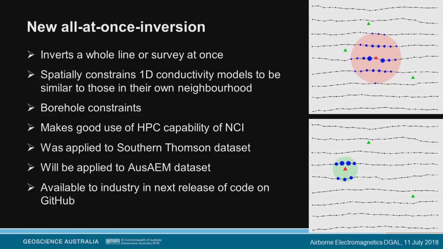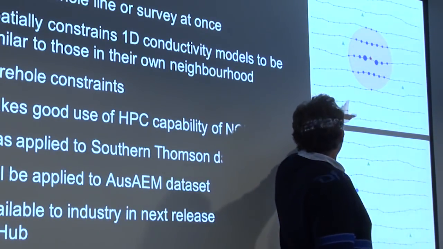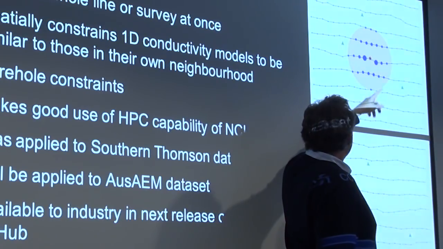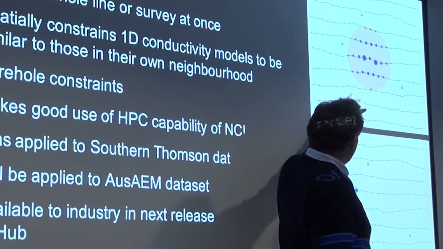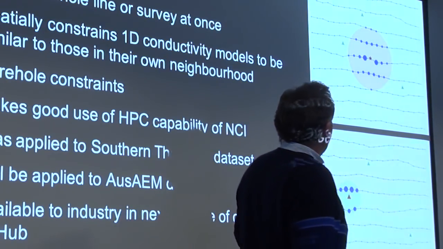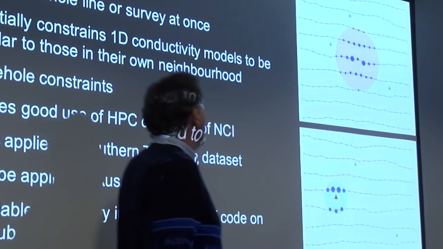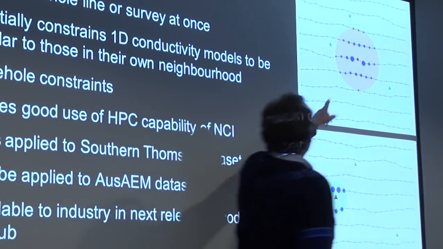And so the latest development is that we can use the computational resources of NCI to invert a whole line or a whole survey at once, and then by doing that we can make constraints that are spatially or laterally constrained to make sure that each individual sounding's model is similar to all the models in some sort of search radius.